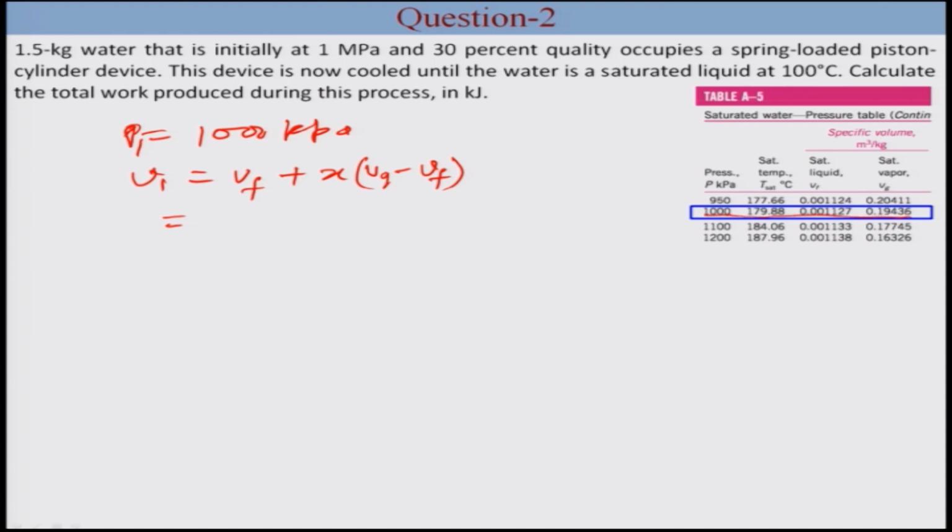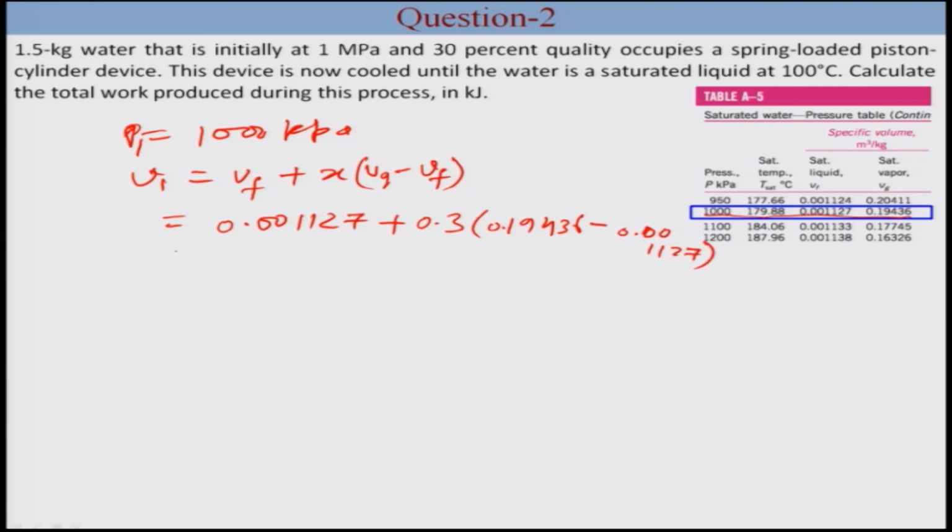After plugging these values in, we get 0.001127 plus quality, which we know is 30%, so 0.3, times Vg, which is 0.19436, minus 0.001127.